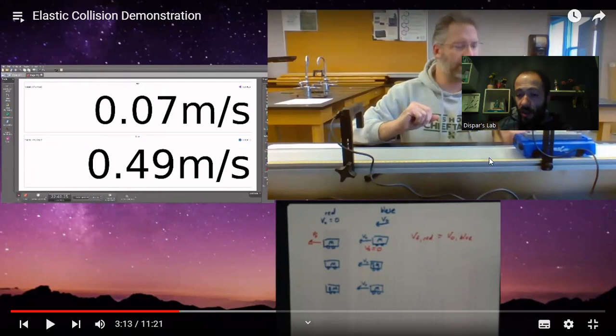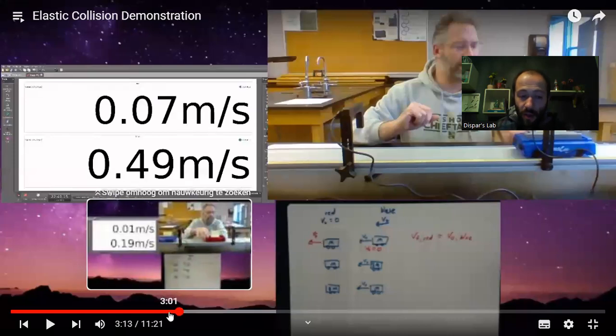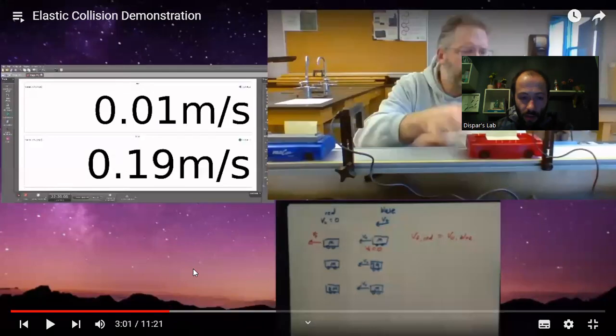But of course, it needed to travel a longer distance to reach the second photogate, and it lost quite a substantial amount of velocity, even though it's a low friction metal track. If the velocities are low, it will still deal with quite a lot of friction, and thereby its momentum will be a lot less. Let me show you again.